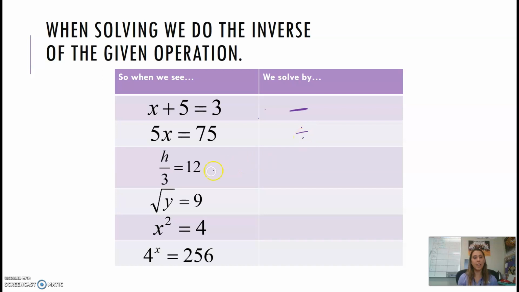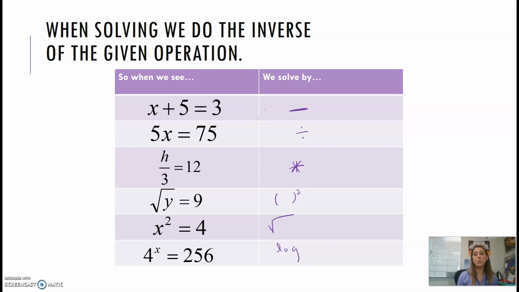For this division problem to solve for h, we would use multiplication. For the square root, we would square it to undo it, and to undo an exponent, we would take the square root. And then we have this exponent we learned, and we are going to log it. That's what we're going to do to solve.